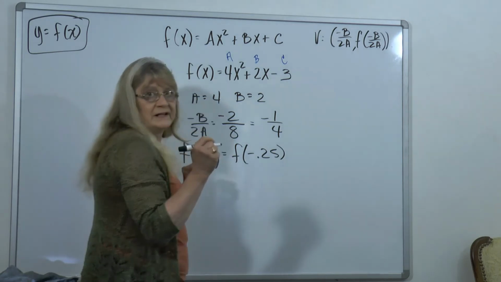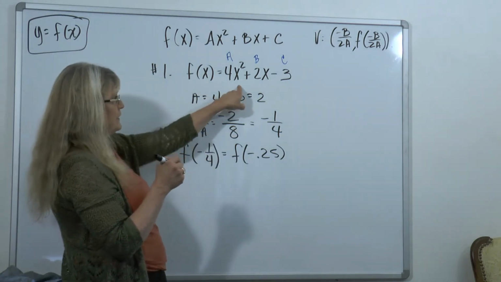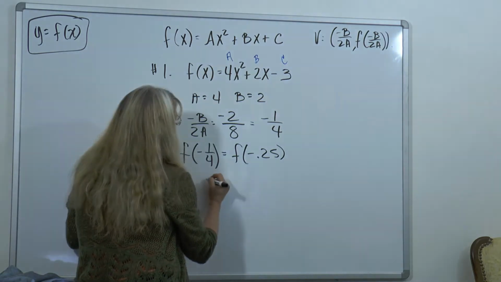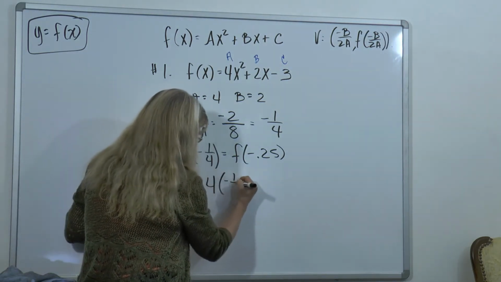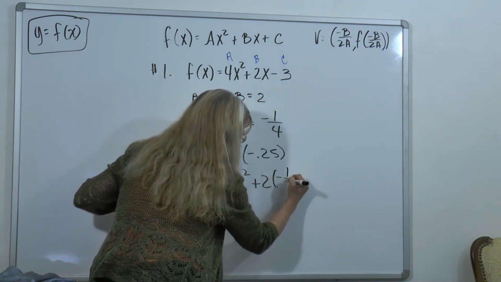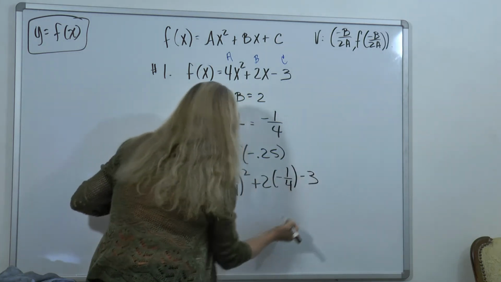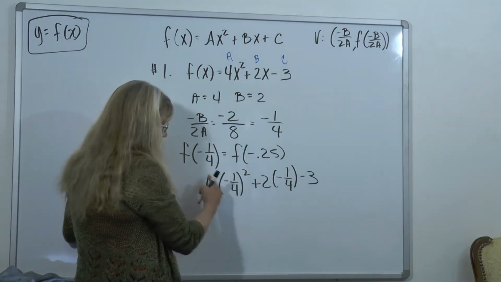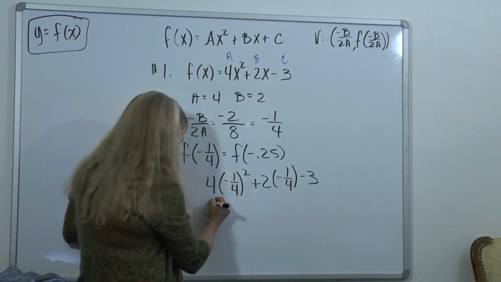Important to remember, like I said in the other videos, when I put a negative value in, put parentheses around it. So I would have 4 times negative 1/4 squared plus 2 times negative 1/4 minus 3. So exponents come before multiplying, so don't hack away at those 4s. Exponent first.